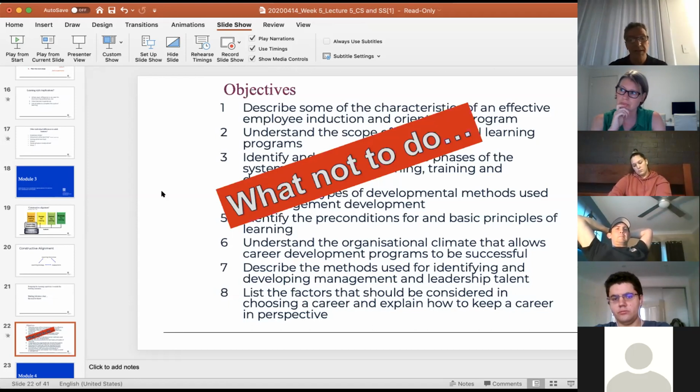You could critique that to death. You see the verbs are interesting too. List, describe, understand, identify. So that's a fairly surfacey set of objectives. There's not much analysis and create in those.